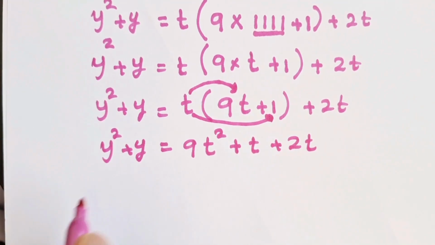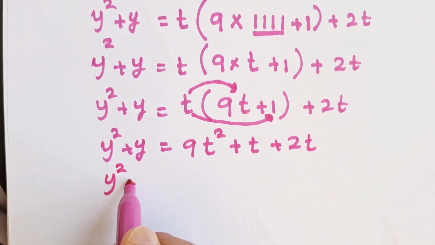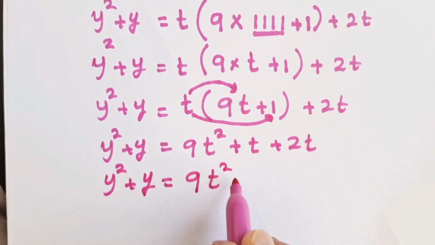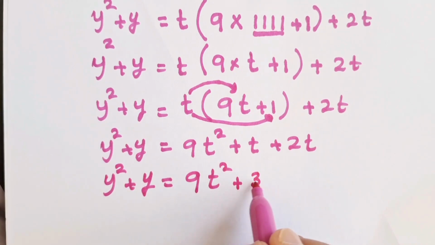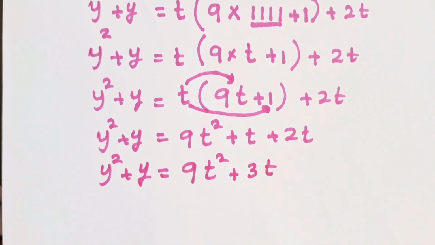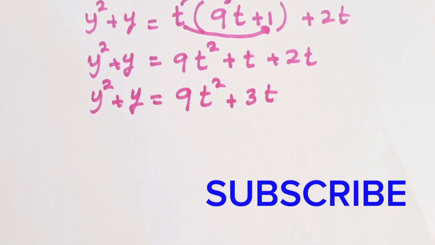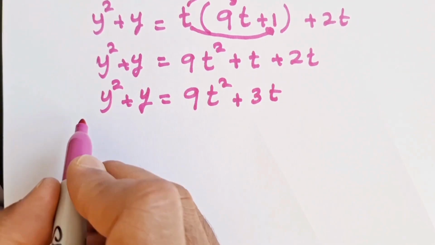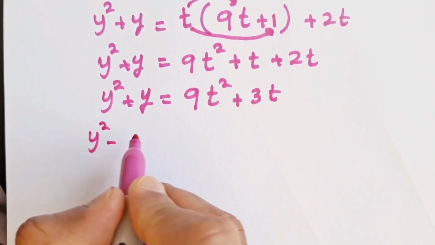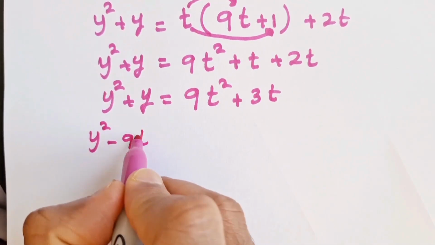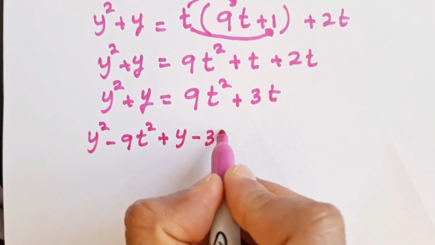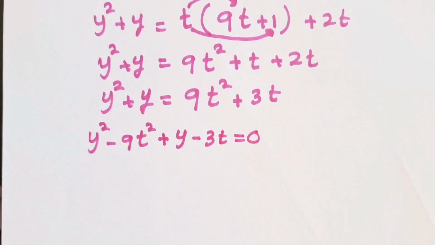Now we have y squared plus y is equal to 9 times t squared plus t plus 2 times t, which is equal to 3 times t. Now I am going to take all the elements to the left hand side. Then we have y squared minus 9 times t squared plus y minus 3 times t is equal to 0.